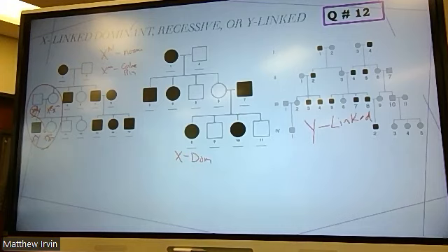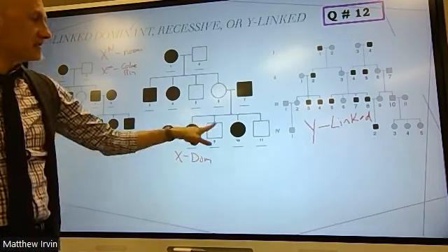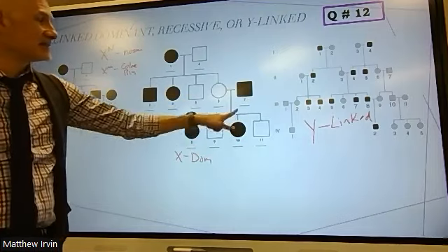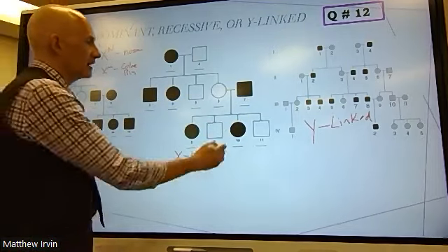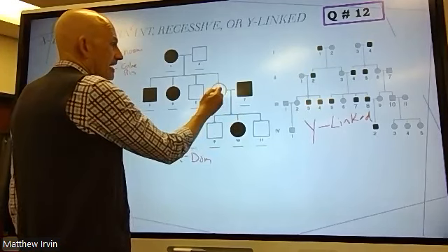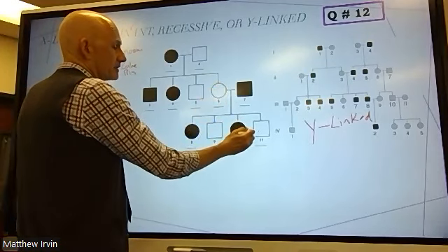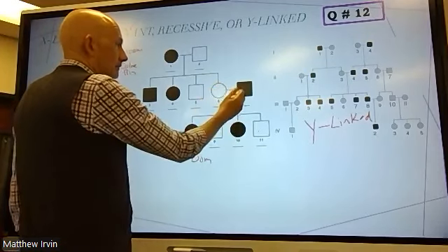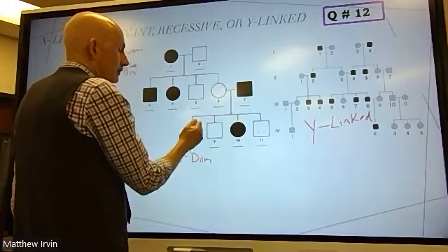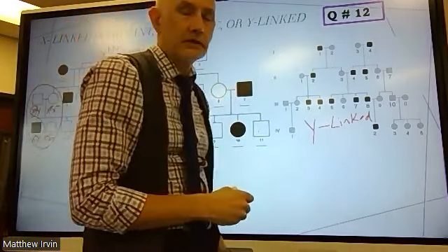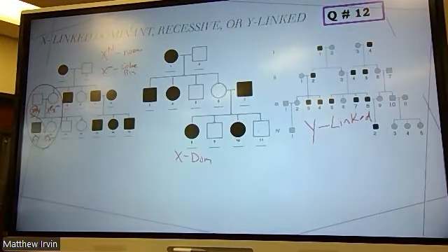There are some things that you could look for, like right here. This is a sign that it's likely X-linked dominant because the mother doesn't have it, the boys don't have it, and then the father has it, and both of the daughters have it as well.